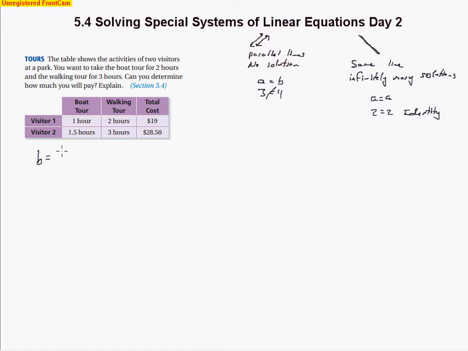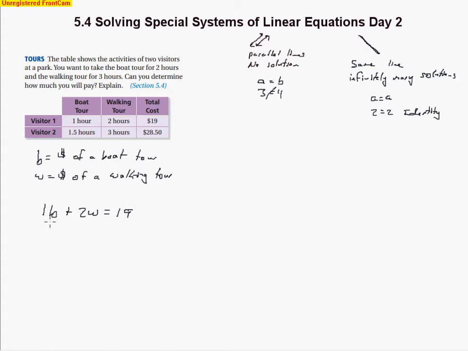B equals the cost of a boat tour, where we'll say W equals the cost of a walking tour. So I'll set up my equation here for visitor 1. It's going to be 1 times B plus 2 times W equals 19.